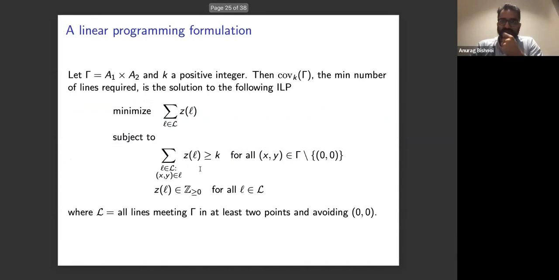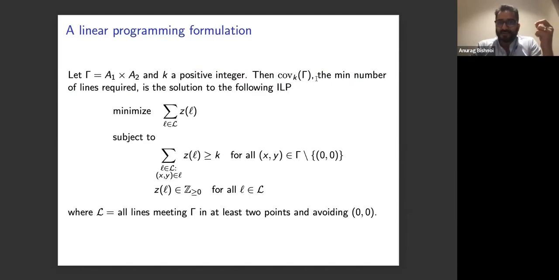So here is the general formulation of this covering problem as a linear program. And I'll go through this slowly. So let's say we have our grid of points and we have our positive integer k. And let's say this covering number is the minimum number of lines required to cover while skipping one point.